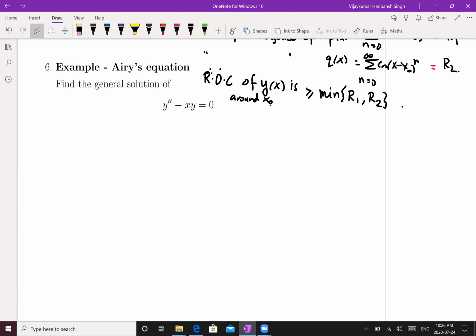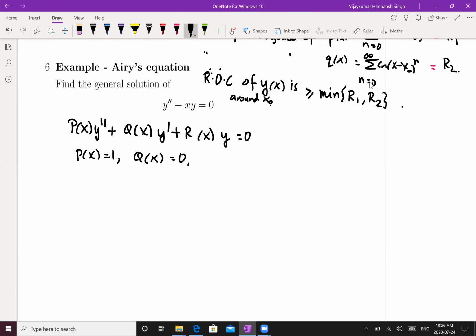So here, what is our P of x? If we compare with P(x) y double prime plus q(x) y prime plus r(x) y equals 0, we see that P(x) is 1, q(x) is 0, and r(x) equals minus x.